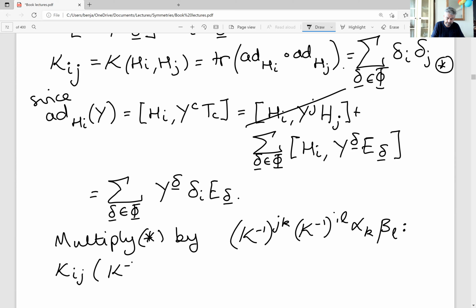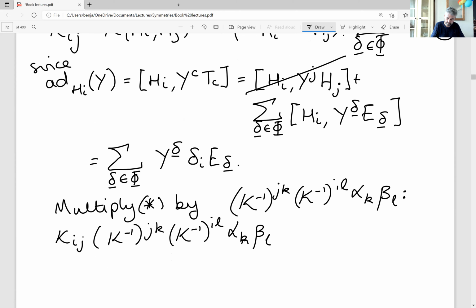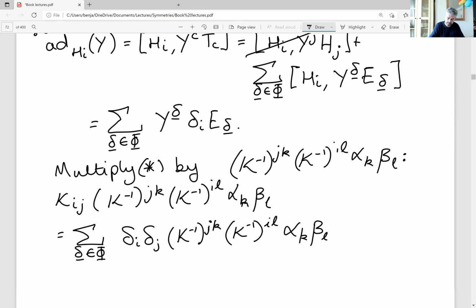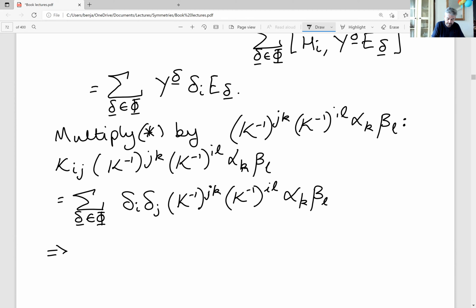But let me write it out in full. Okay, and this thing on the left-hand side, once you've managed to raise and lower indices appropriately, is the inner product between alpha and beta in our space, and this is equal to the sum over the roots in the root set of.